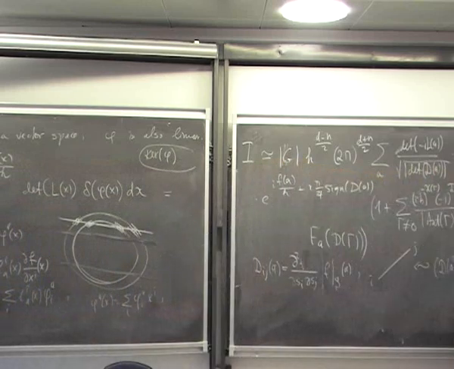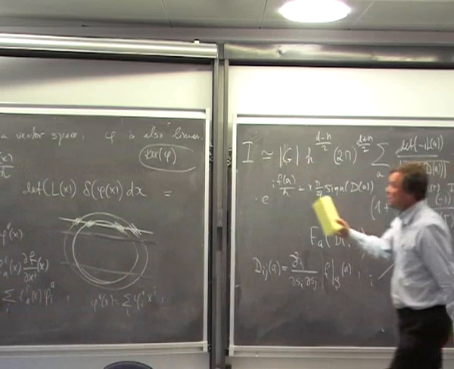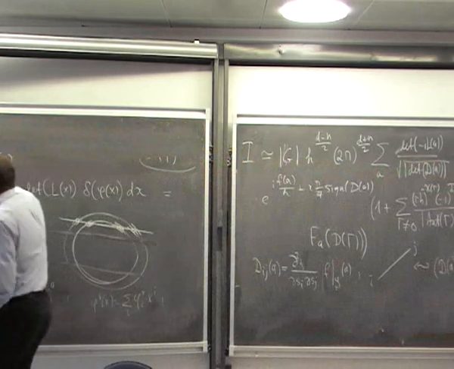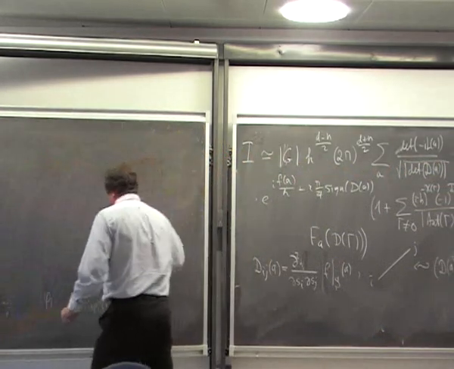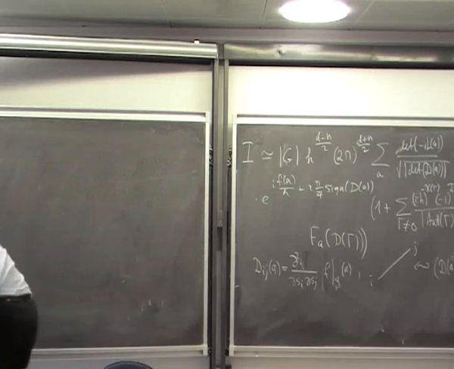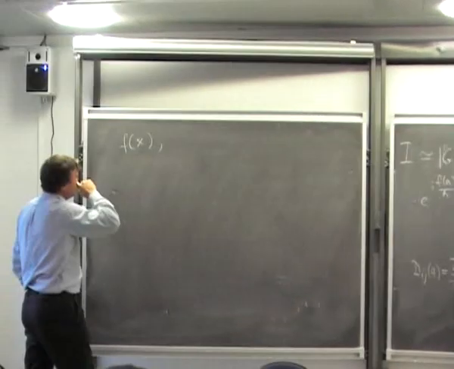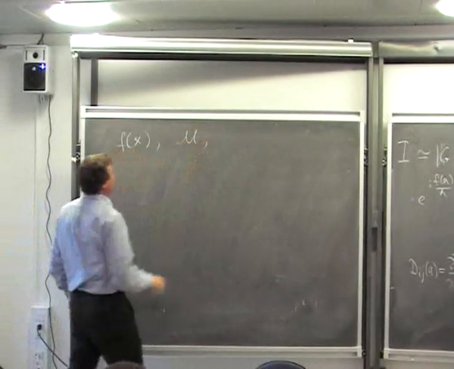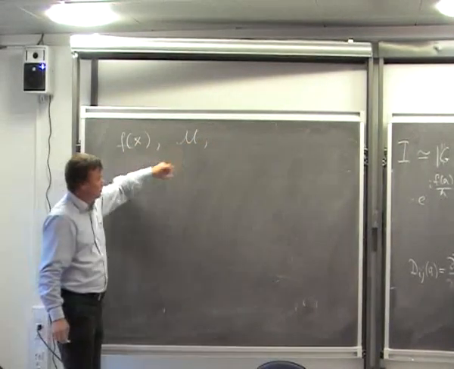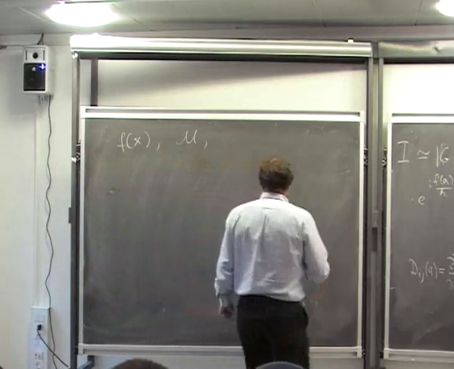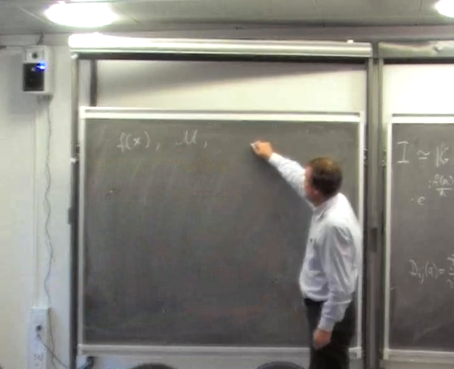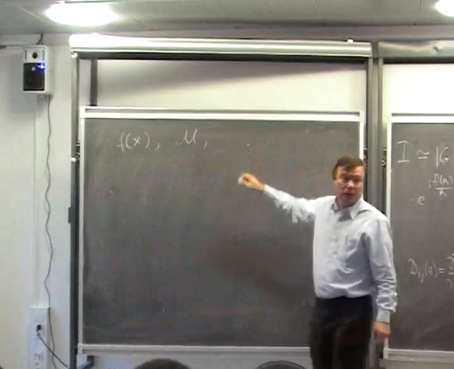So now let me emphasize the structure of the degeneracies here. So let's look at the function f on some smooth manifold N. What kind of critical points may this function have?